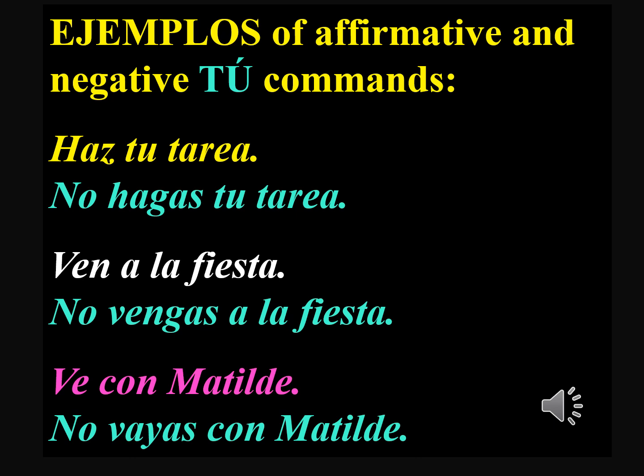So this is more complex than English, where we say do, don't do, although English has to add the helping verb don't when we're negating. So we also do somewhat of a change when we're negating, but this is how it's done in Spanish. You have to learn the two forms, one for affirmative and one for negative.